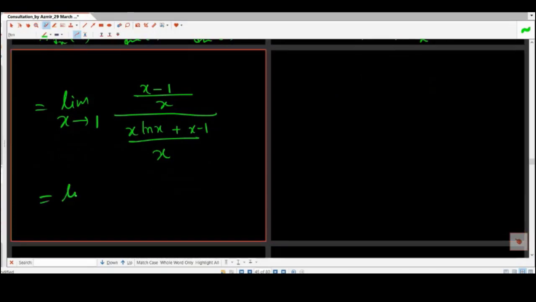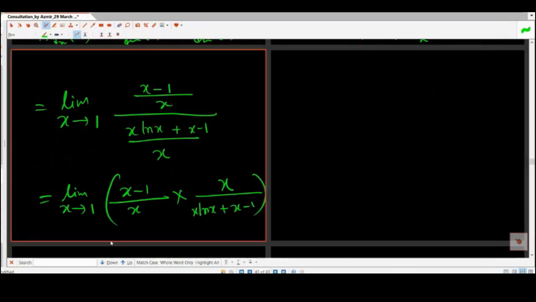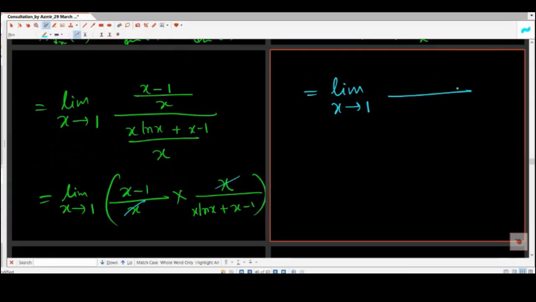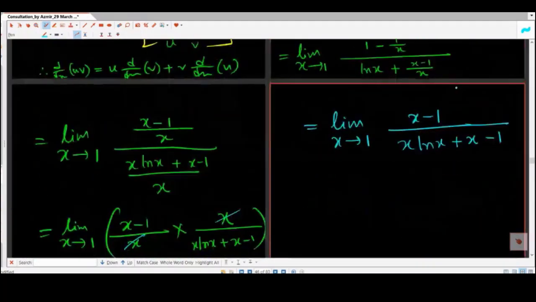Now we have limit x tends to 1, x negative 1 over x times x over x natural log of x plus x negative 1. So obviously this x and this x can be cancelled. So we have limit x tends to 1, x negative 1, x times natural log of x plus x negative 1. So this is our simplified part.